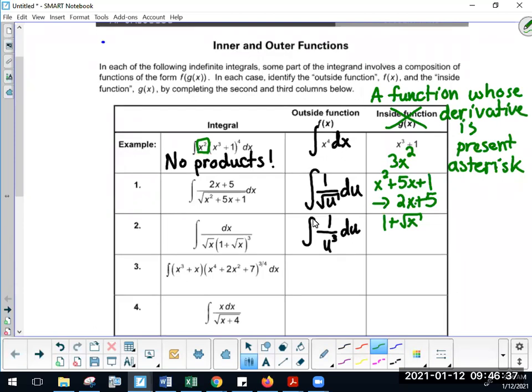So let's check it out. Is this in the integrand? It is, but it's pretty confusing, right? It's square root of x in the denominator. So how do those fit in? Well, take the derivative of 1 plus the square root of x. That's 0 plus 1/2 x to the negative 1/2 power. Yeah, that's the derivative, okay?